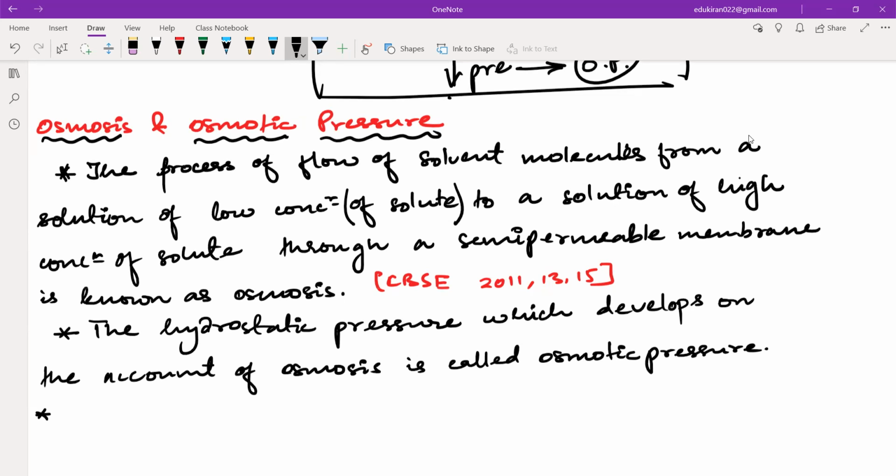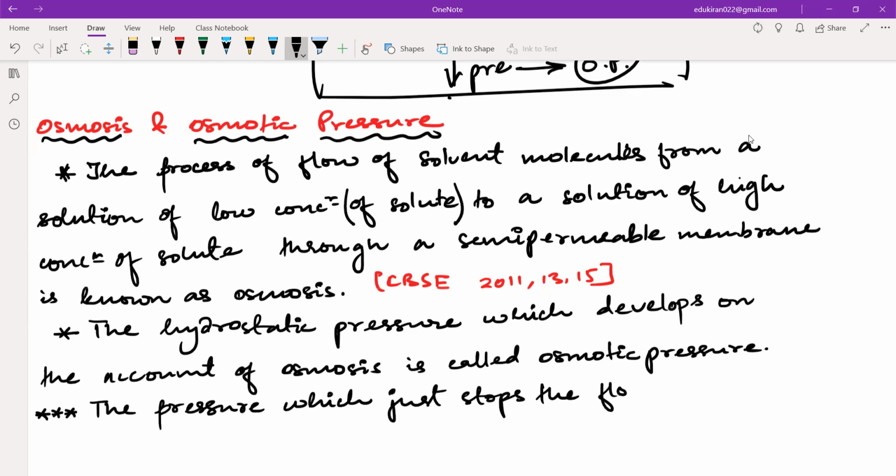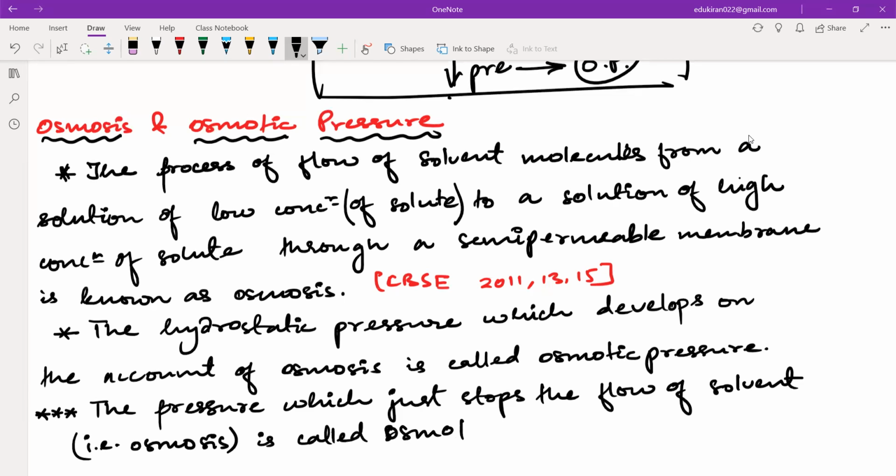But in the examination, the definition you will write is this one, in 3-star. Please write: the pressure which just stops the flow of solvent, in bracket that is osmosis, is called osmotic pressure.